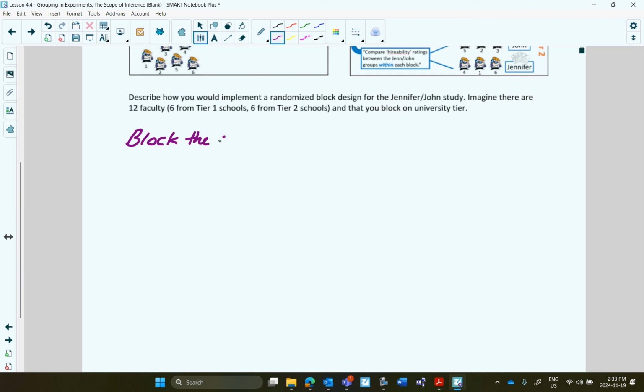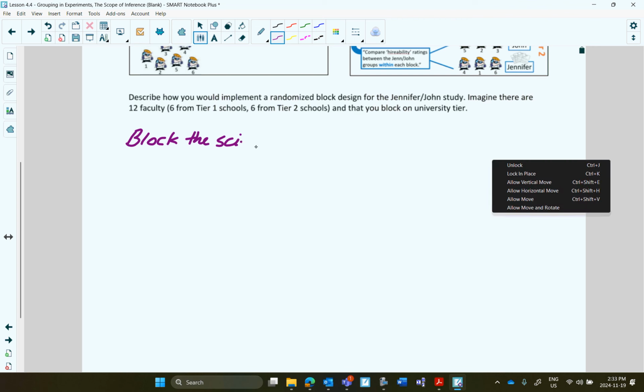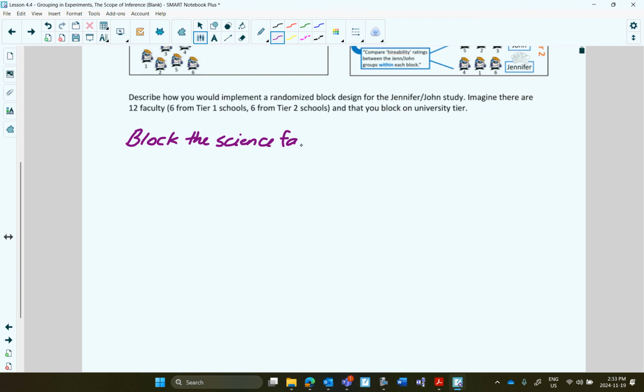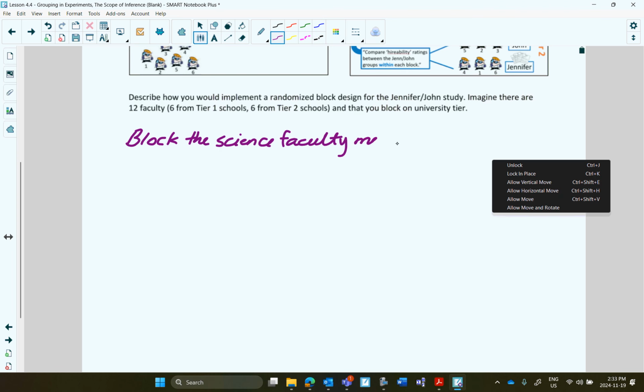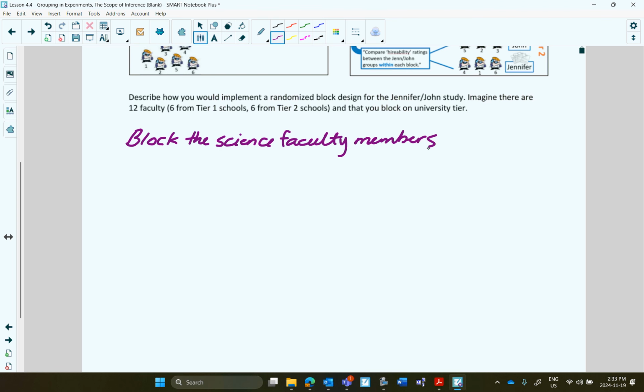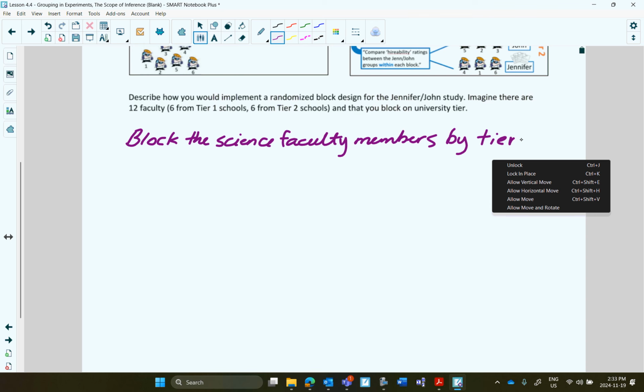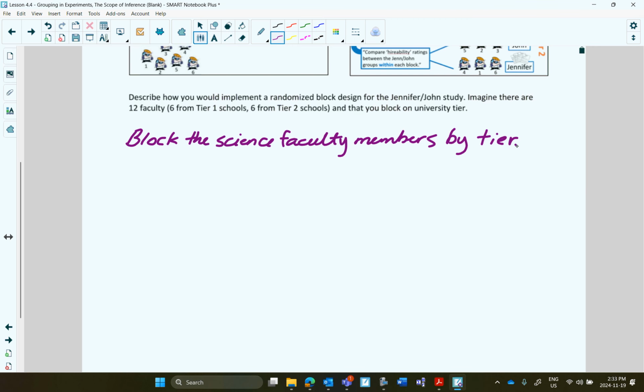Block the science faculty members by tier. If it's the above example, I'm going to have 6 in tier 1 and 6 in tier 2. But the groups I'm going to make, the treatment group and the control group, are going to have a mix of tier 1 and tier 2.